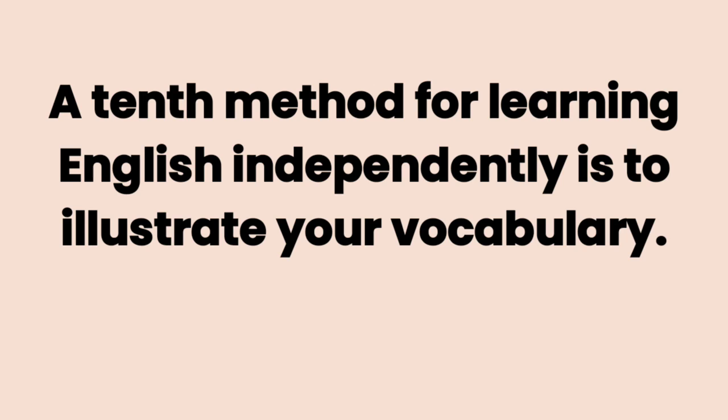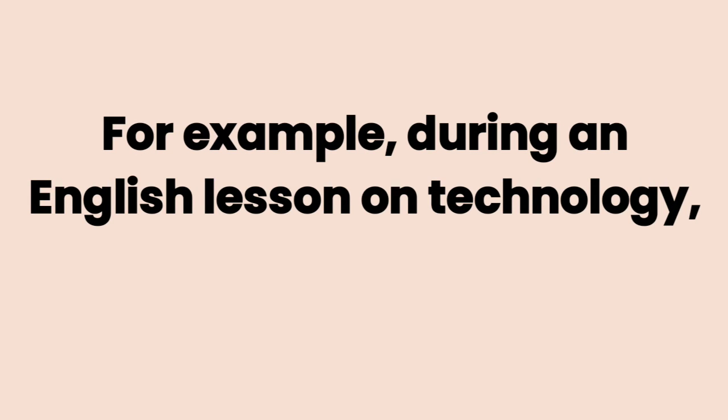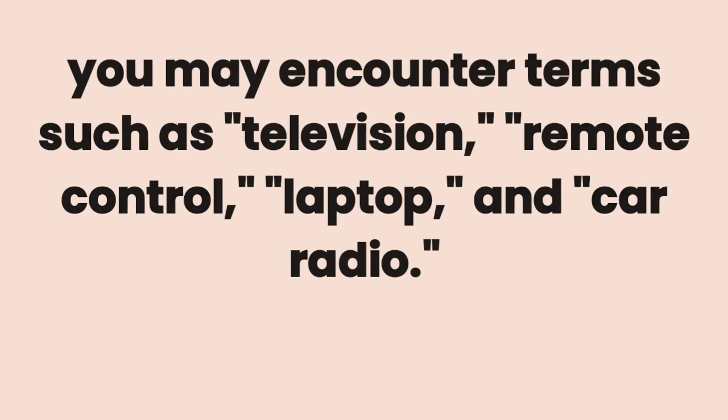A 10th method for learning English independently is to illustrate your vocabulary. Associating new words with images can significantly enhance your memory retention. For example, during an English lesson on technology, you may encounter terms such as television, remote control, laptop, car, radio.